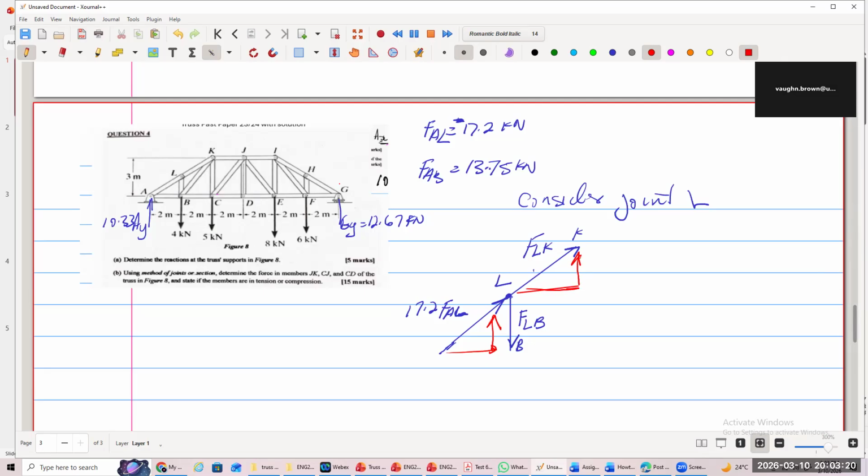All right? And the angle is what? 36.9 for both of them. So therefore, this one is going to be FLK cos 36.9, while this is FLK sine 36.9, while this is FAL cos 36.9, and this one up here is the same, FAL sine 36.9.